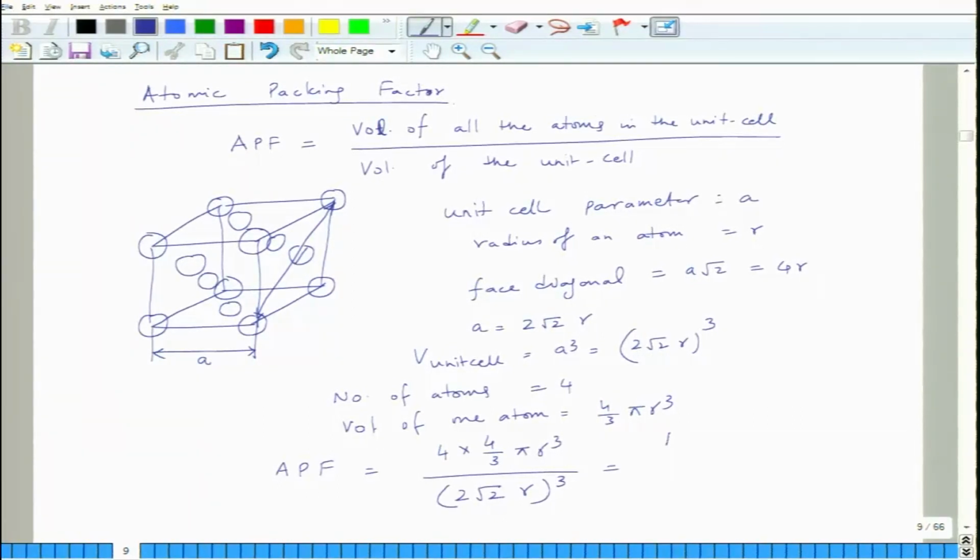So this will be 16 pi by 3 r cube over 16 root 2 r cube, and this will work out to be nearly 0.74, I think. So this is how you determine the atomic packing factor.